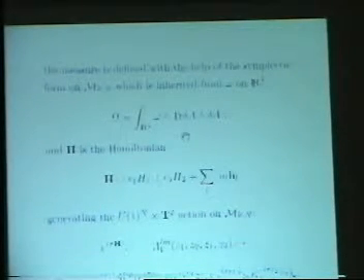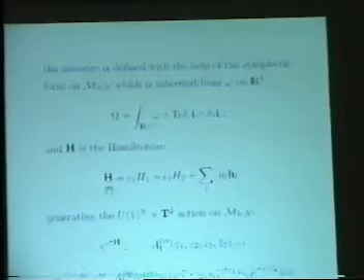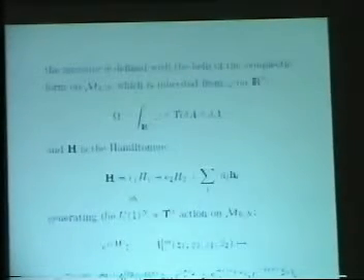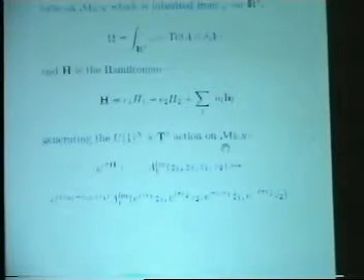That defines the two-form on the space of all gauge fields, which you can then reduce to the instanton moduli space. And then this bold H is a linear combination of various Hamiltonians which generate the action of the following symmetry groups on the instanton moduli space.